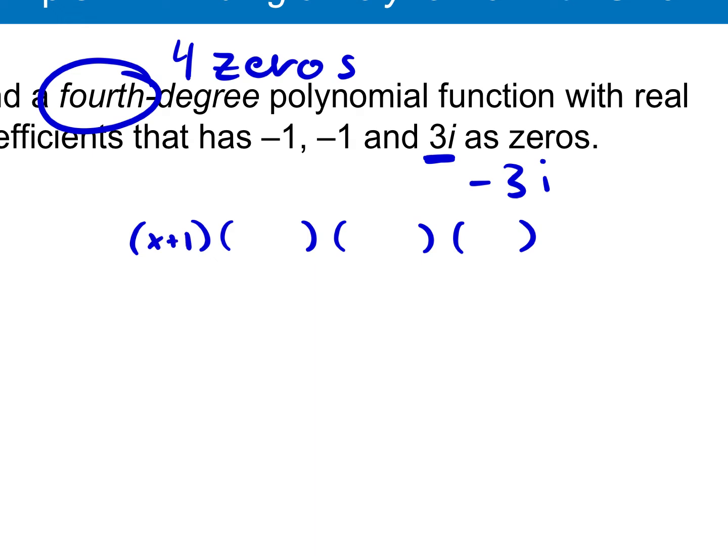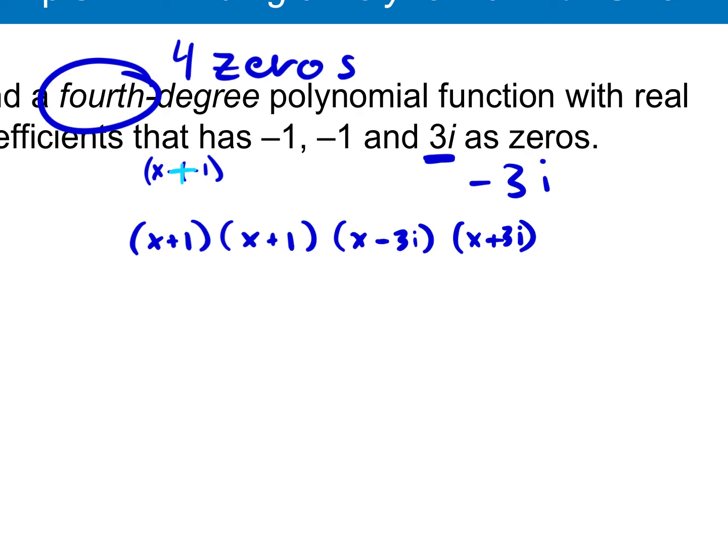X plus 1, x plus 1, x minus 3i, and x plus 3i. So we always change the signs, because when you plug it in, it's like saying x minus -1, which turns into a plus. So always change the signs of the zeros that you plug in.